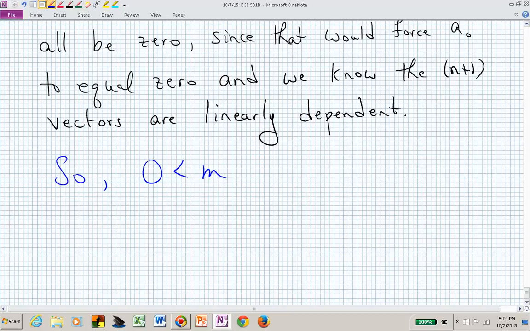That's the largest a that's non-zero. So it has to be 1 or bigger, little m, Michigan, which is less than or equal to n. This is a strict inequality.